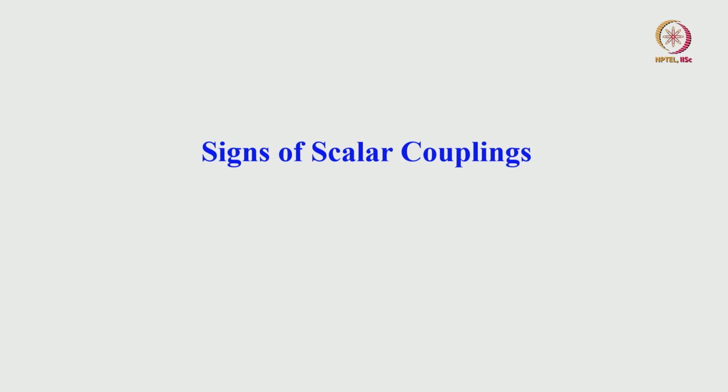Since the time is running out, I am going to stop here. So, today in this class, I started introducing the multiplicity pattern that we are going to see when one proton is coupled to several other chemically inequivalent protons.